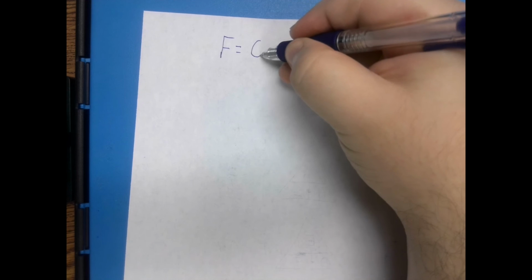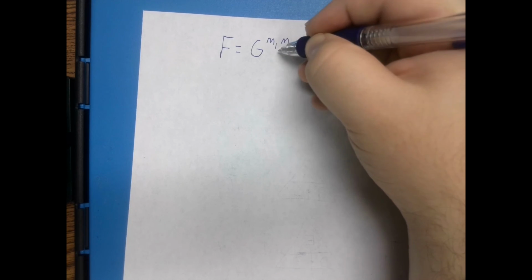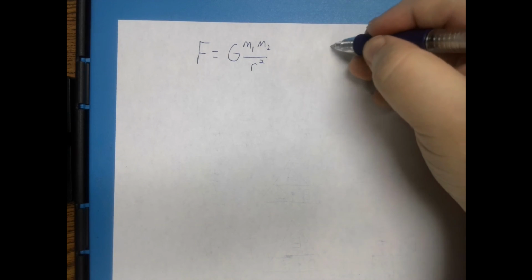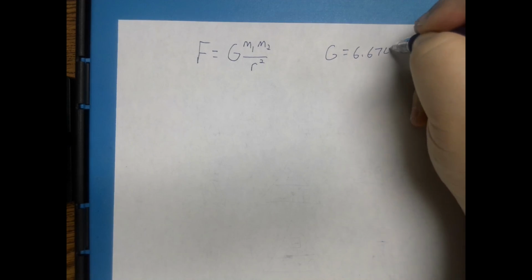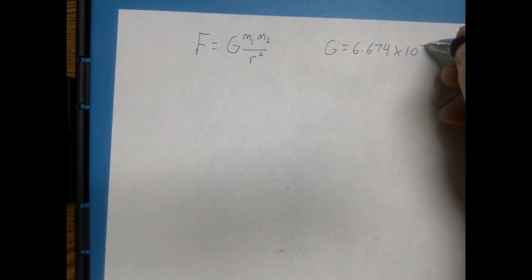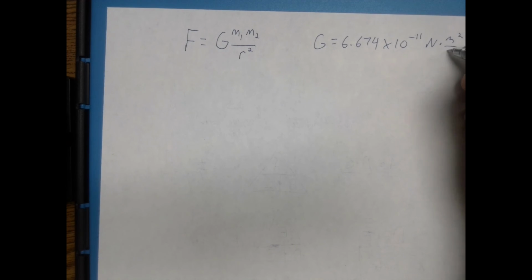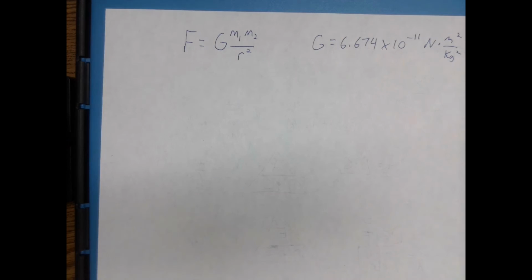This equation here. Do y'all remember it? And G is equal to a constant, 6.674 times 10 to the negative 11 Newton meter squared per kilogram squared. I will give you this on the test.